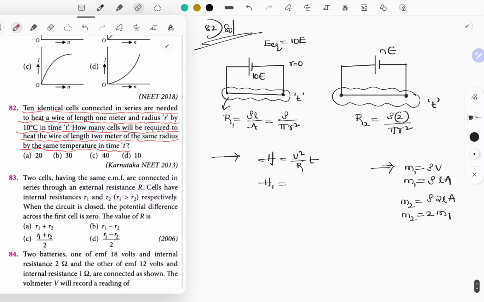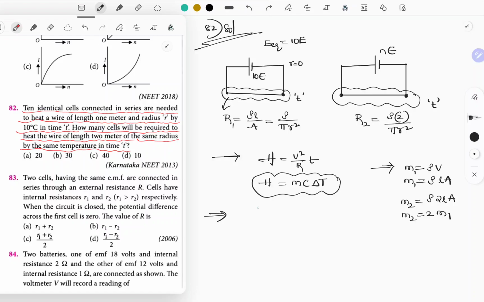Okay, so here the heat formula can be replaced as m c delta T, where m is mass, c is specific heat capacity, and delta T is the change in temperature for the first wire and for the second wire. We are heating those two wires to the same temperature change in the same given interval of time. So you can equate these two.